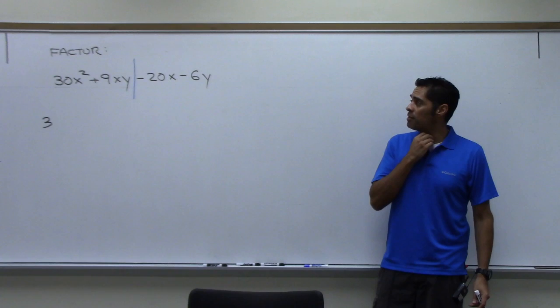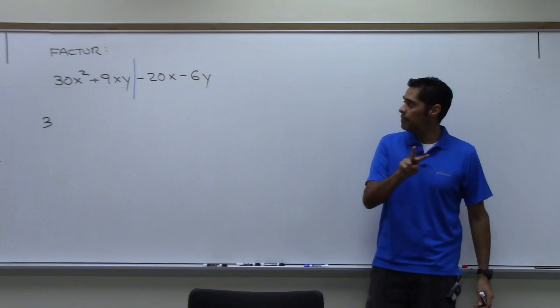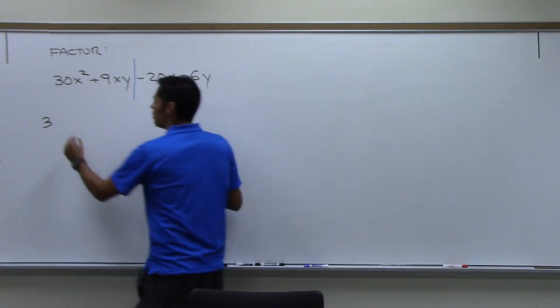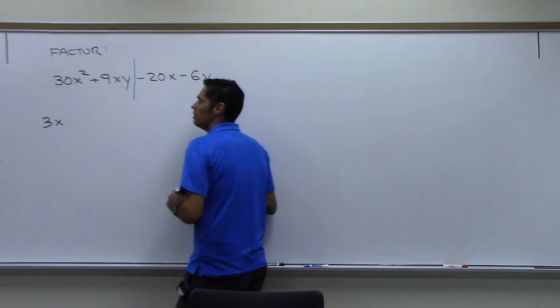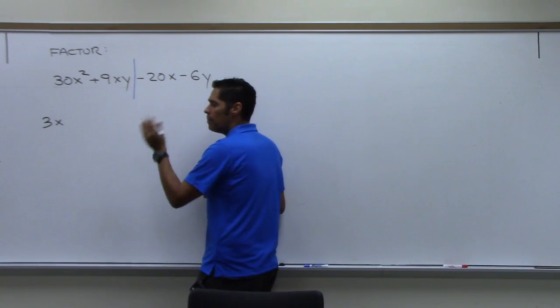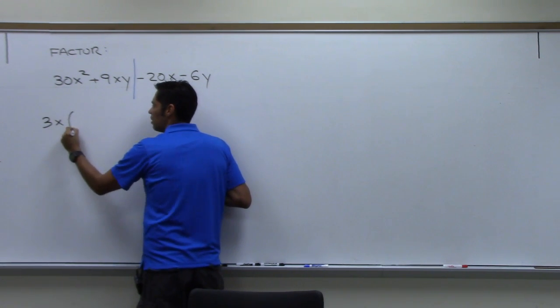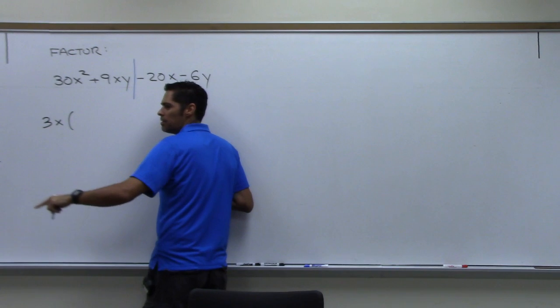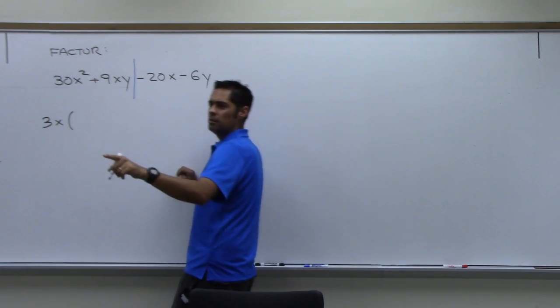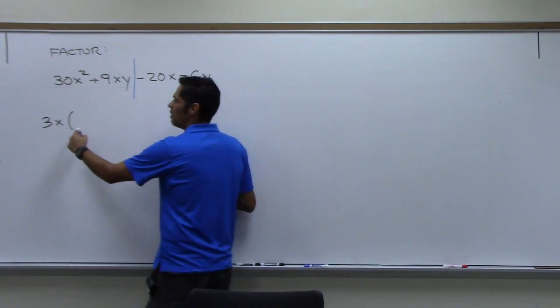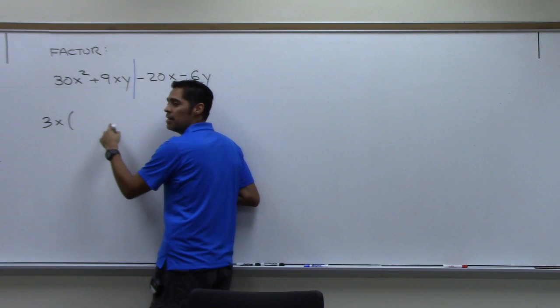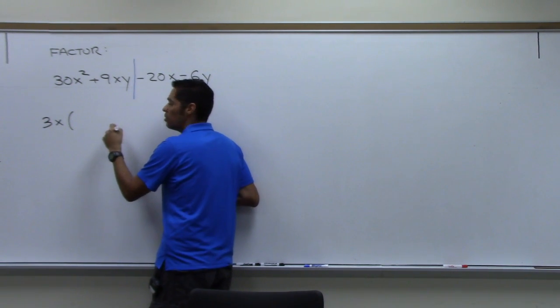What's the most factors of x that we have in both of them? X. Just one single x. How about y's? No, I don't have a y in both. So after this, I put a what, Nautica? Parenthesis, good. You know, I picked on you last time, never mind. Erica? After the parenthesis, how many terms am I going to have in here, Erica? 2, right.